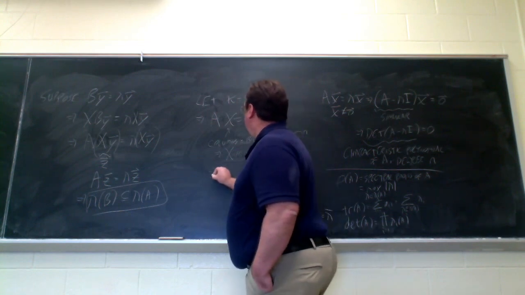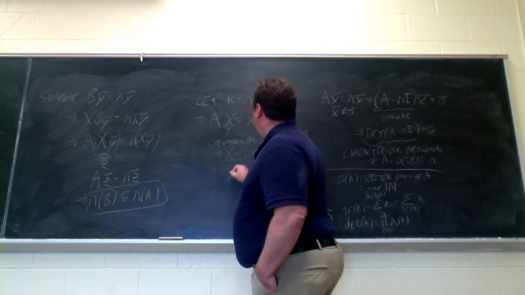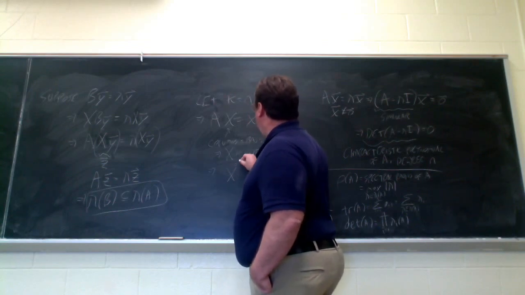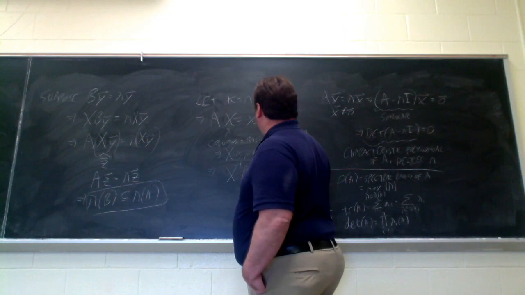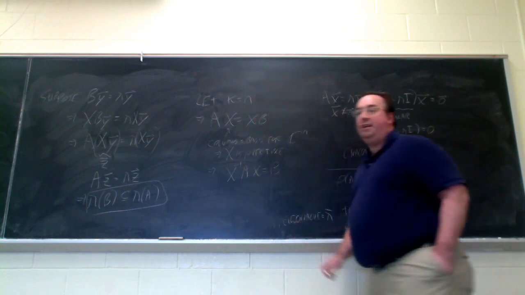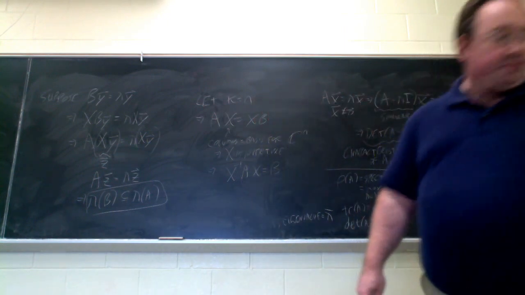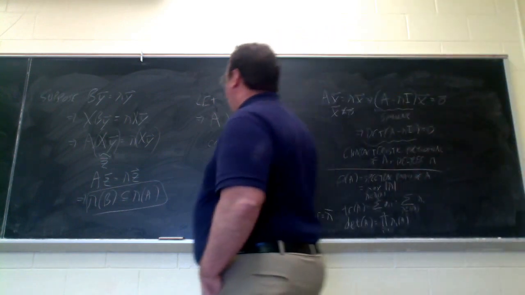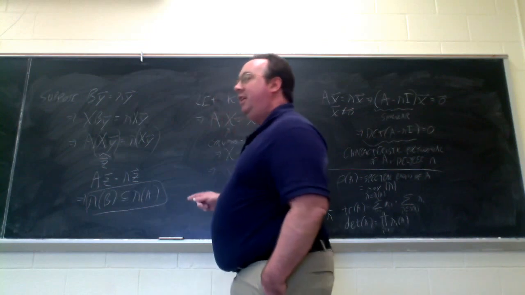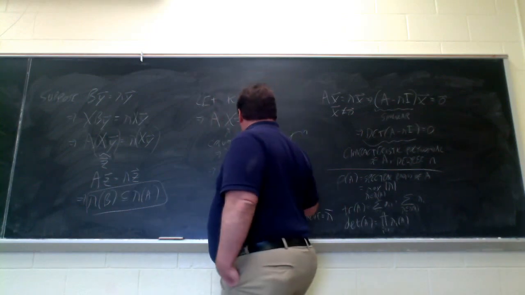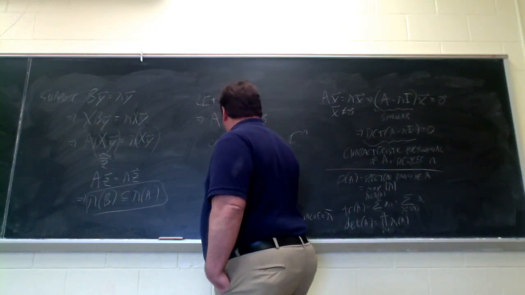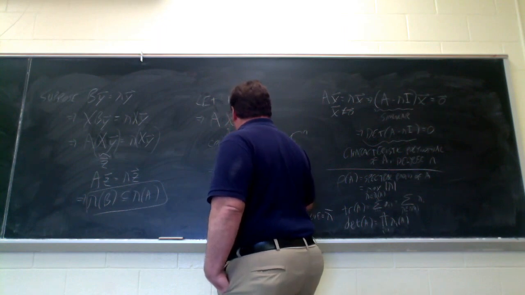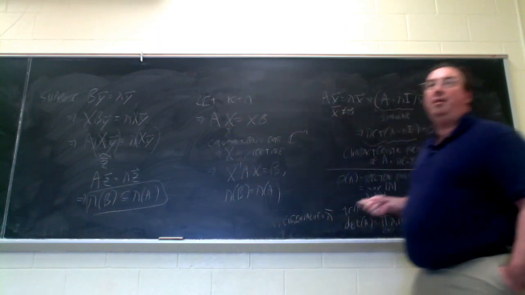So now I can multiply both sides on the left by X inverse: X⁻¹AX is equal to B. Furthermore, this relationship still holds, except now, instead of just being a subset, the spectrum of B is now equal to the spectrum of A, because both have n elements now.